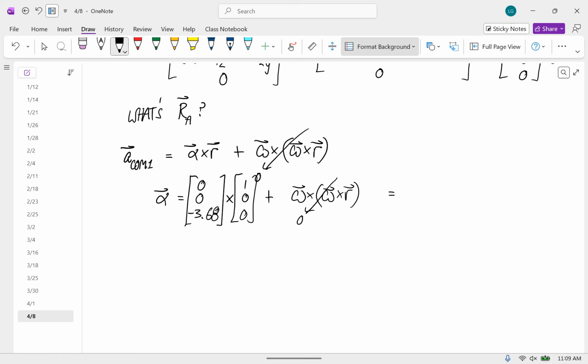And so you get 0, positive 3.680. It should be negative. Yes, that does not make any sense. Whoops, and this is not alpha, this is the acceleration vector.